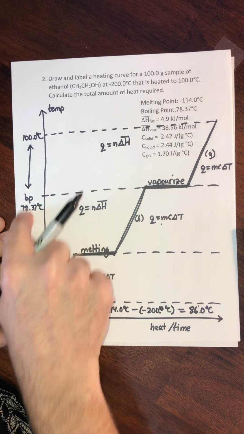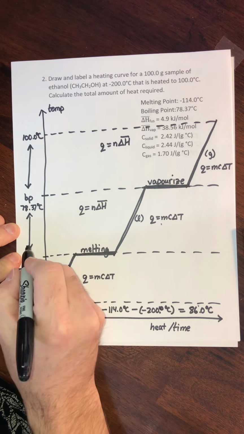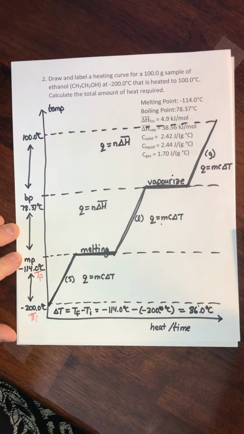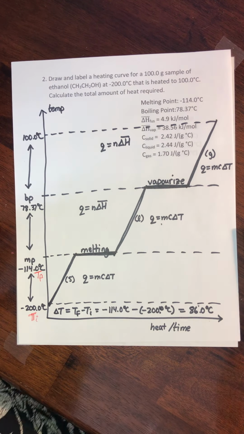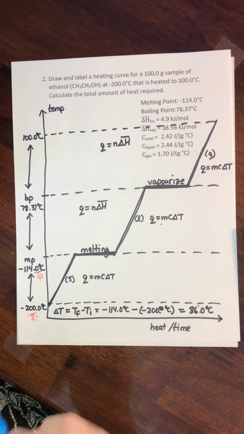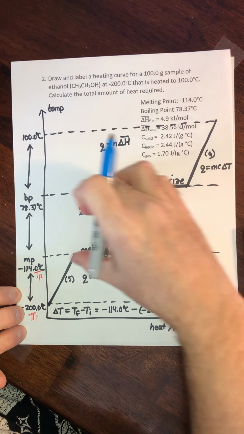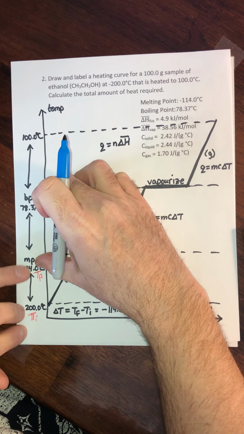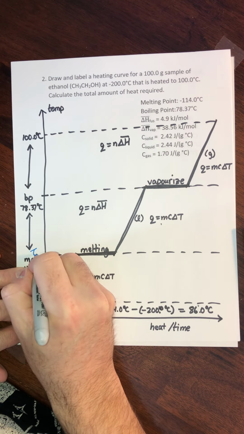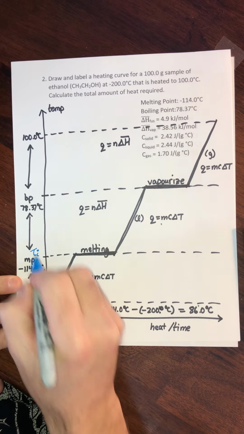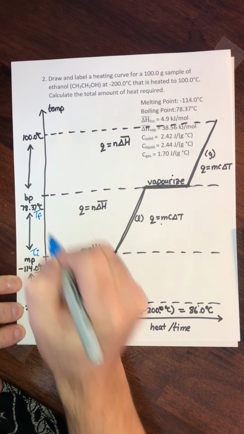Okay, let's talk about the next section. If I'm going to talk about this section here and I want to calculate delta T, the issue I have is that my initial and final change. The liquid section starts here, so this is T initial, and it ends here, so that's T final.